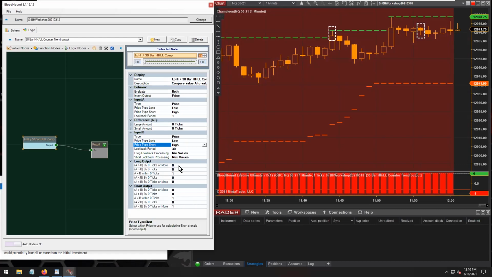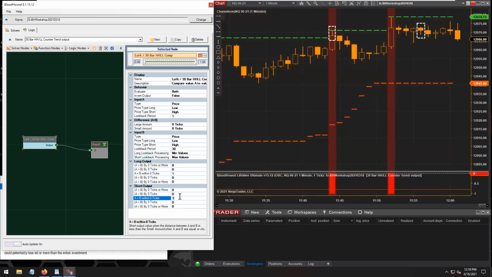So let's see here. I missed one of the outputs. There, I was wondering why I was getting all these short outputs here. That's because in my short outputs, I missed turning one of these off. So let's set that to 0. There we go. So now, when a new high is made, we're going to get a short.